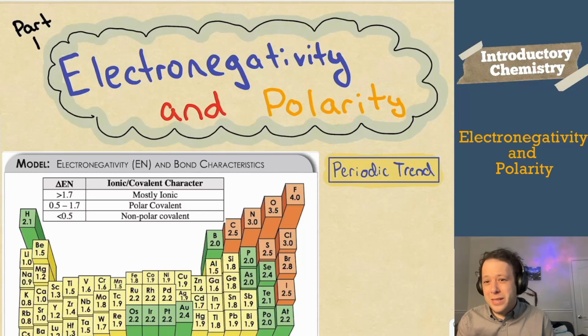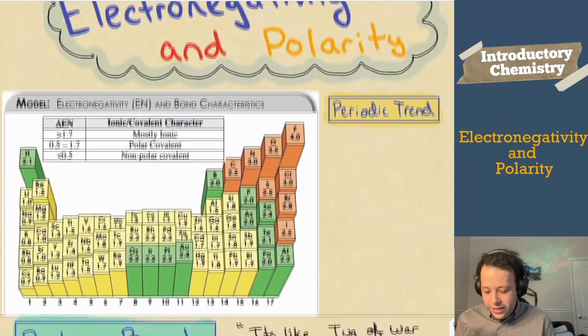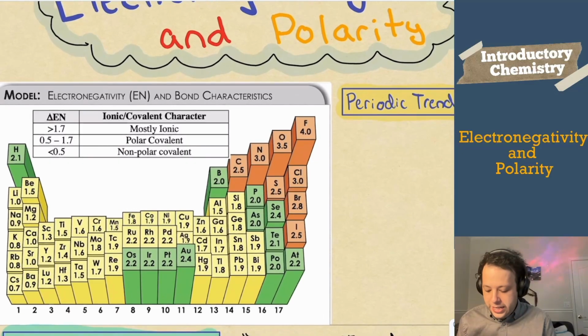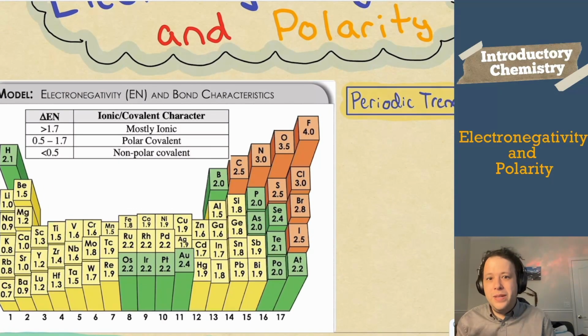So let's learn about this periodic trend and we'll go through some examples, some analogies of what this looks like. You might have seen an electronegativity chart, something like this, where it's showing the periodic table and all of a sudden there's all these different numbers and values. What this is reflecting is that different atoms tend to be a little more greedy when it comes to electrons. And it has to do with their valence electron levels.